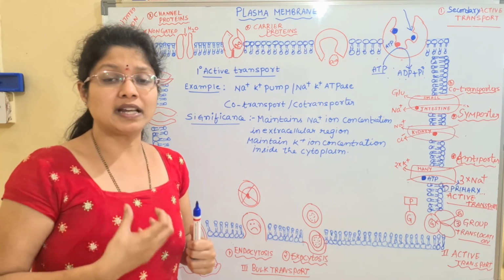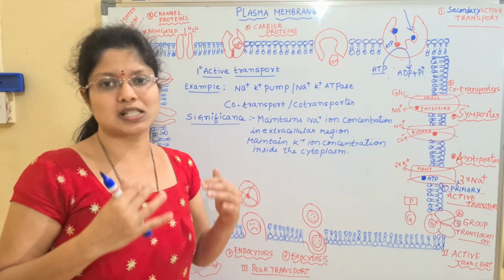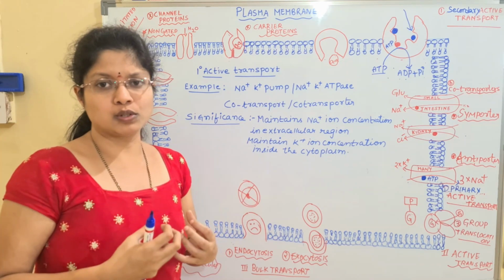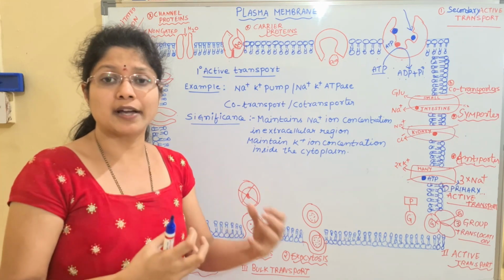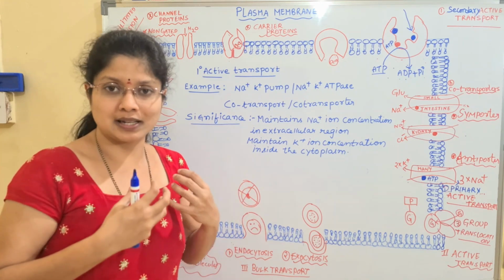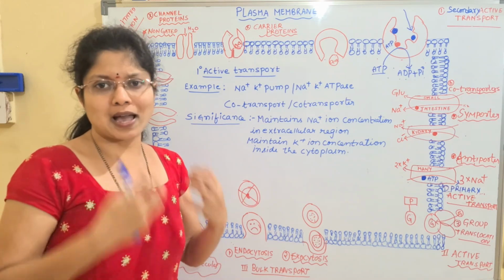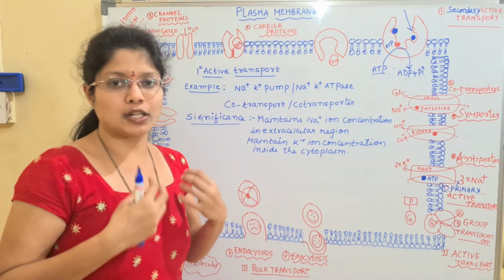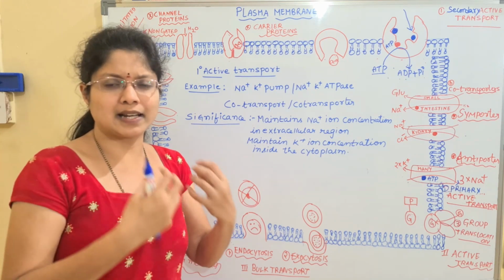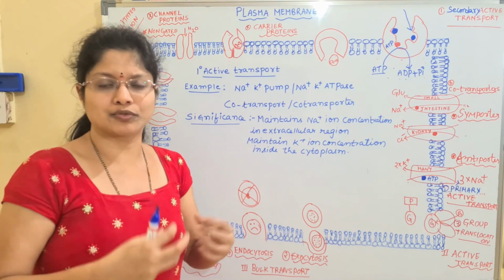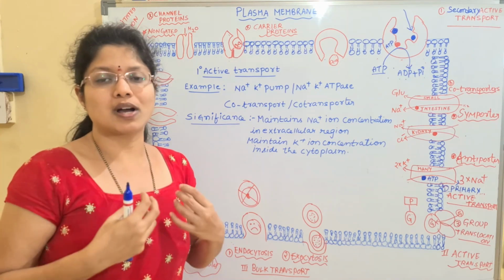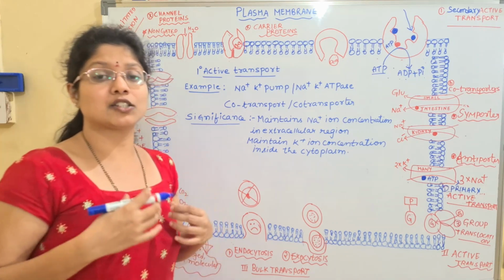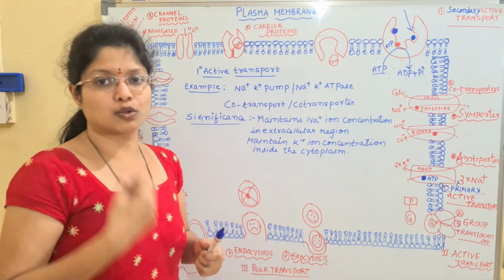They have to be maintained in higher concentration in the extracellular region, so that the movement of such molecules from higher to lower concentration, downhill, releases a lot of energy, and this energy will be utilized by different molecules which have to be constantly entering or leaving the cell, like glucose, amino acids, etc. Okay, so this is how the cell mainly faces the challenge of glucose entry.